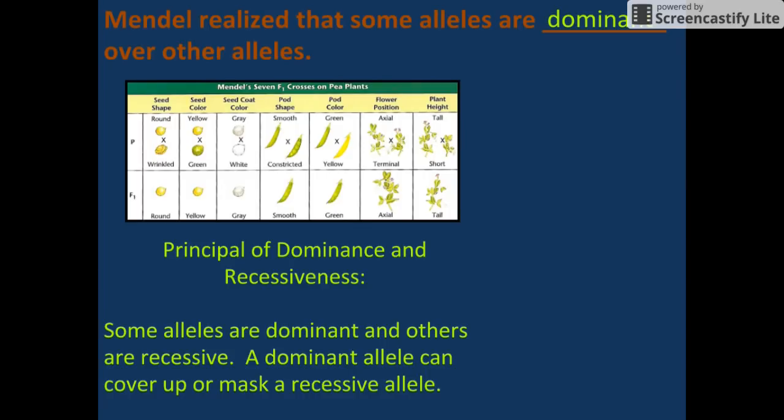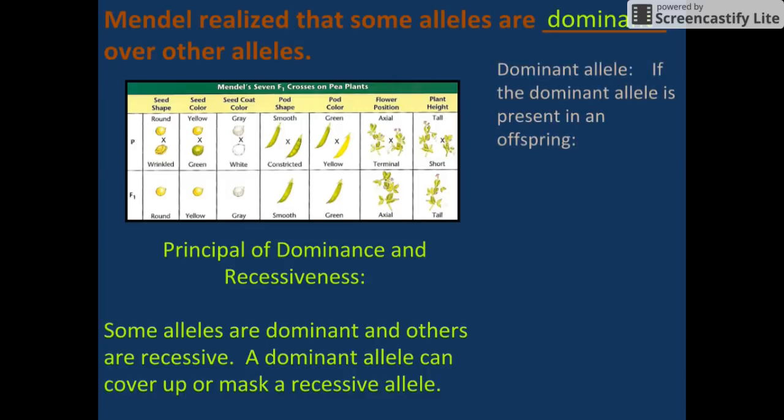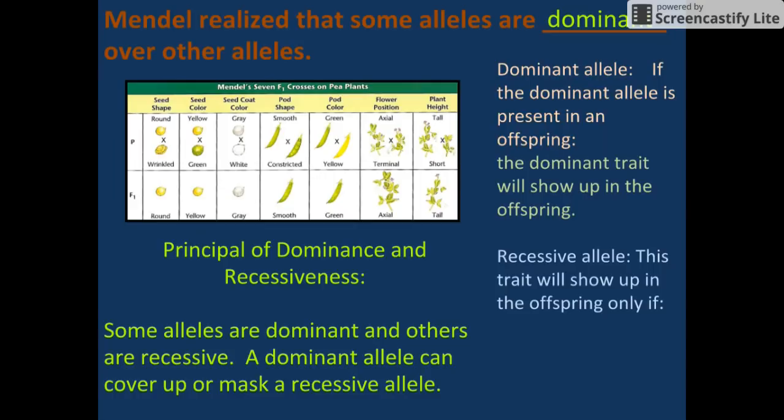A dominant allele can cover up or mask a recessive allele. If the dominant allele is present in an offspring, the trait will show up in the offspring. For a recessive allele, this trait will only show up if the offspring does not possess a dominant allele.